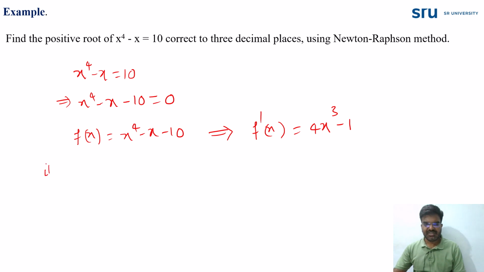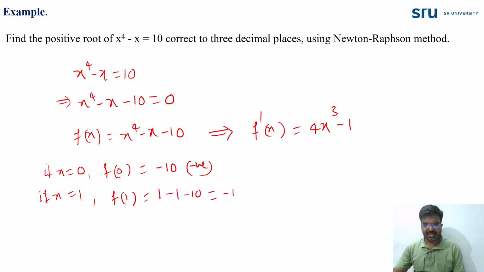I will start with 0. If x equal to 0, what is f of 0? It is minus 10, negative. If x equals to 1, what is f of 1? 1 minus 1 minus 10. Again it is minus 10, negative. If x equals to 2, f of 2.